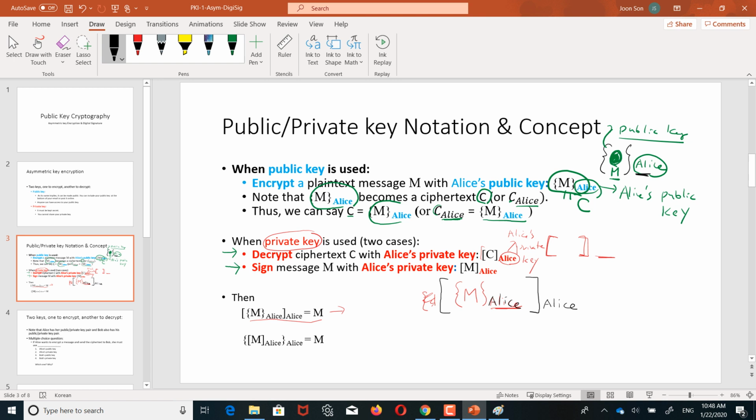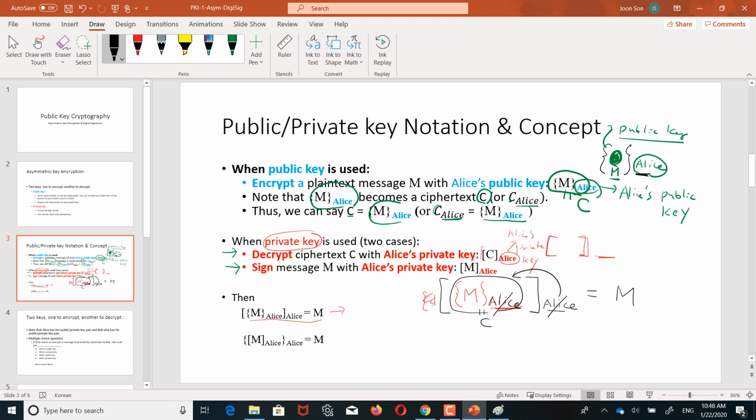this whole thing, basically Alice's private key is applied to this whole thing. And then basically this cancels out, as you can see, and you get the plain text M. You know this M in curly brackets Alice is a ciphertext.